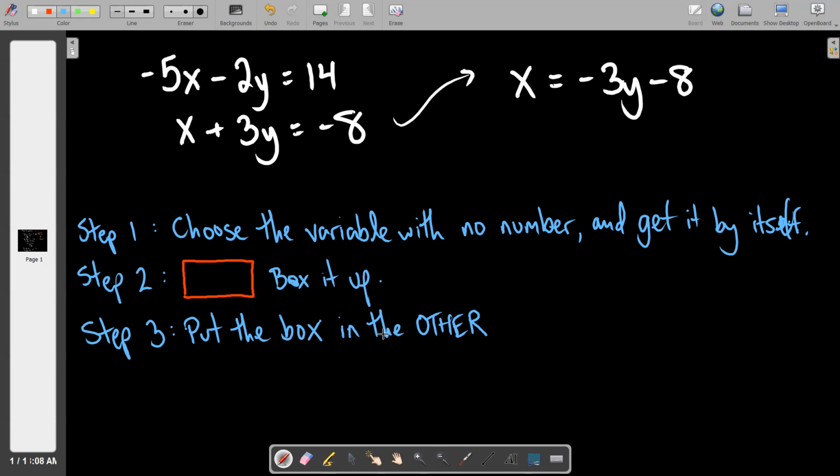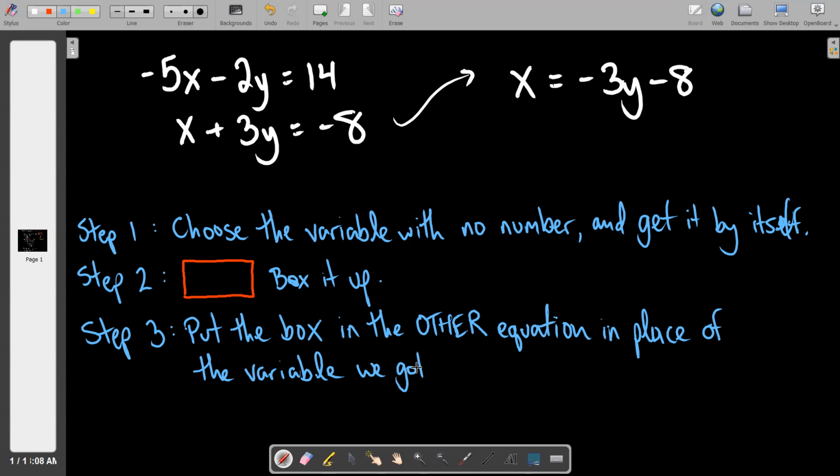So put the box in the other equation in place of, how do we say this? The variable we got by itself. Right?